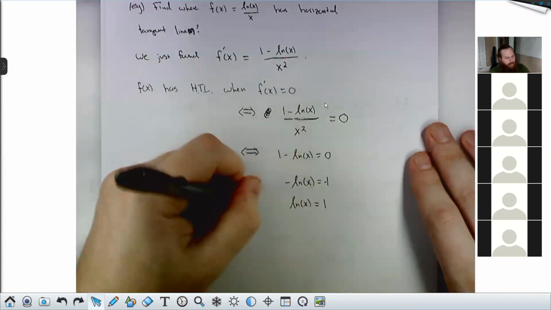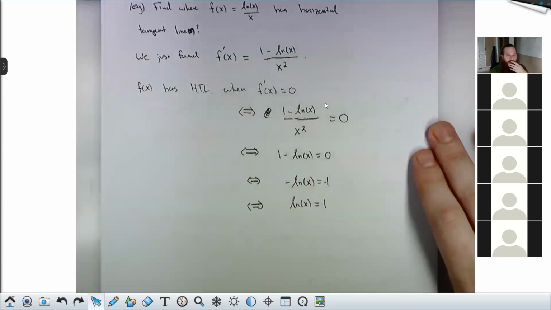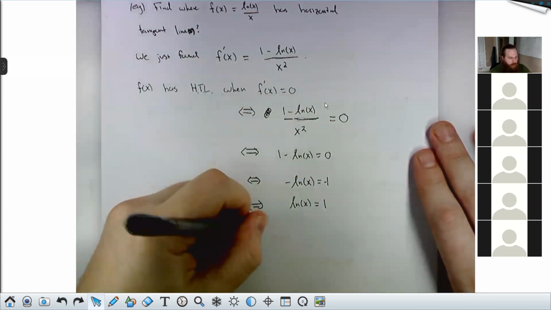How do we go from ln x equals 1 to x equals e? What if I didn't just know that? So ln of x, in order to get 1, you've got to have a 1 in the power. So ln of e to the 1 is equal to 1. That's true, and that's a good way to think of it.